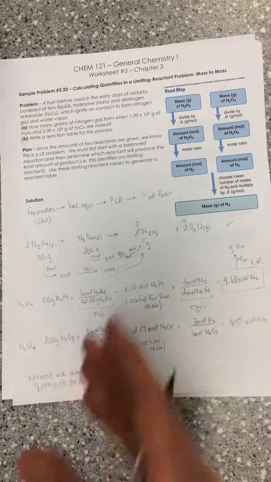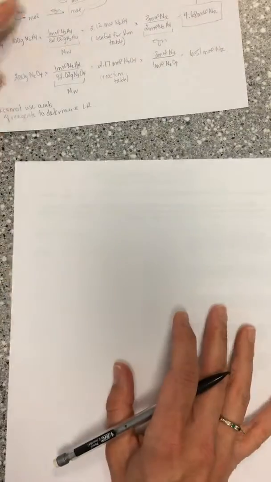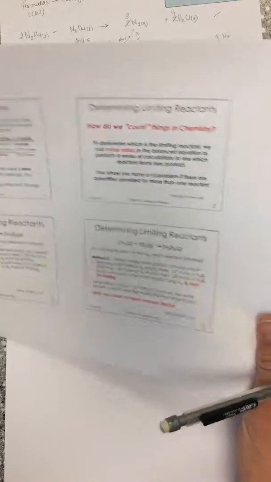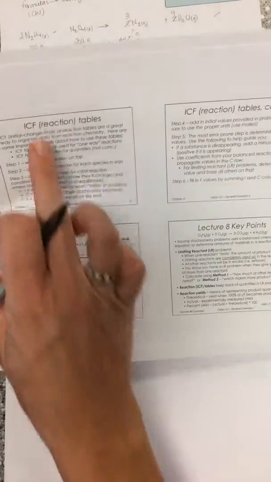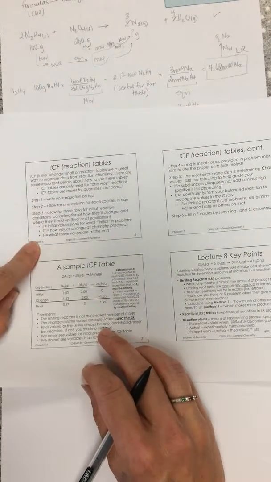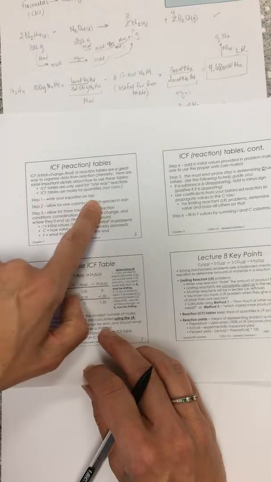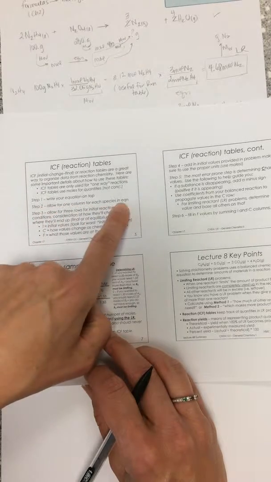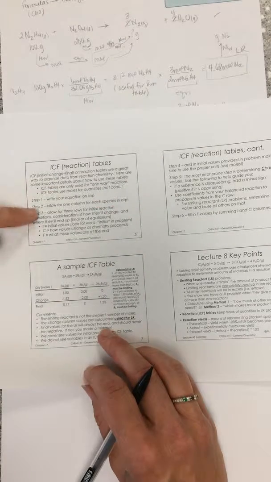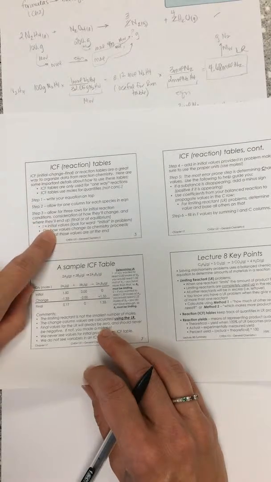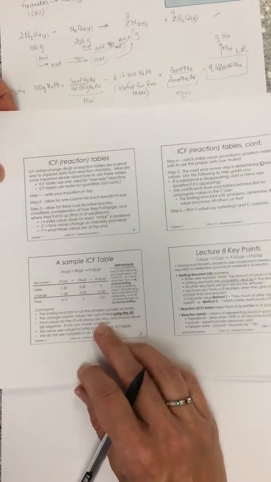Okay, so I'm going to put another piece of paper up here, and we're going to finish out this problem by making our reaction table. Again, if you need to, go back and review this handout that we had on how to create a reaction table. We write our equation on top. We make 1 column for each species in the equation. We're going to have 3 rows for initial, change, and final. The initial values are going to be essentially the initial moles that we have.